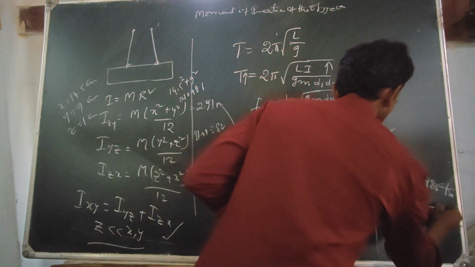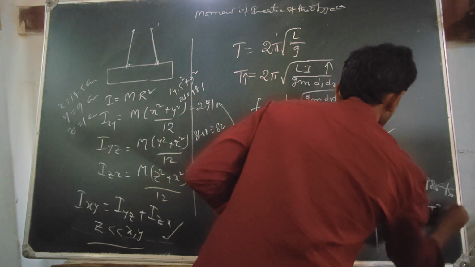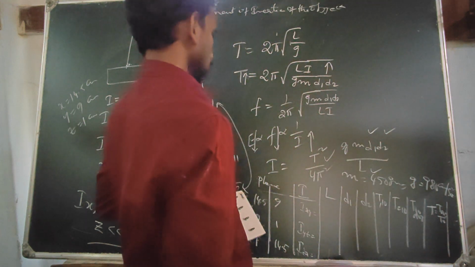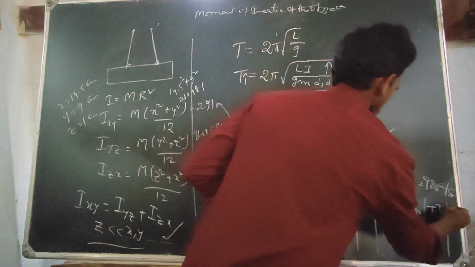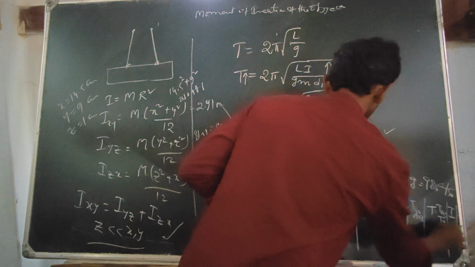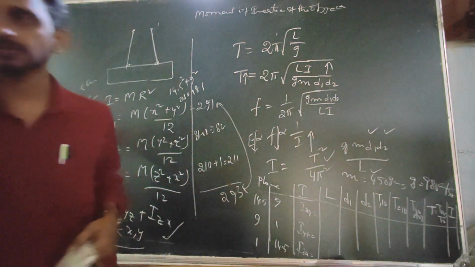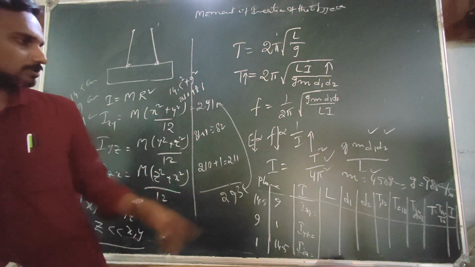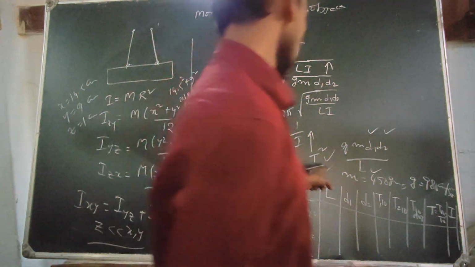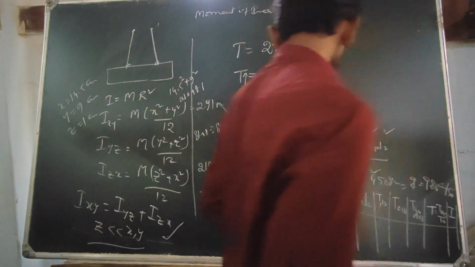So time period is T average by 10. Then I can substitute everything into this equation and get the value of I.